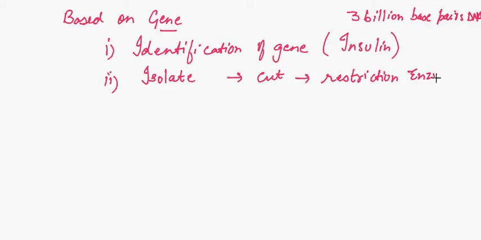These enzymes are used to cut and isolate the gene of our interest. So the third one would be, after isolation we have to amplify or multiply the gene so that we can study it, or for any other purpose that we need that gene for. So we have to amplify or multiply.